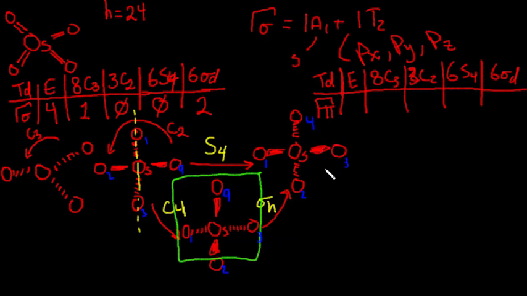It's the same idea as the sigma bonding, except now we are looking at two vectors on these atoms. So for example, in this case, we would be looking at a vector that would be perpendicular, and then a vector that is parallel to the bond here.